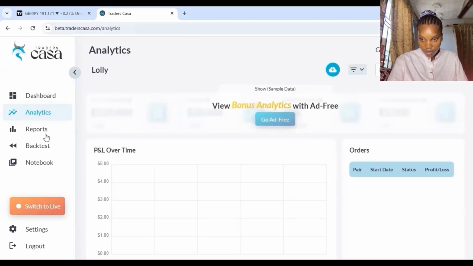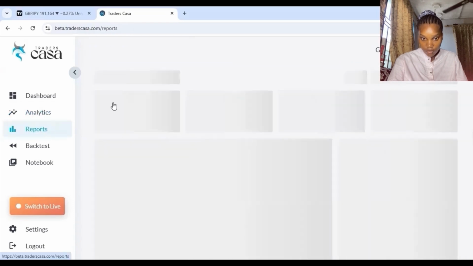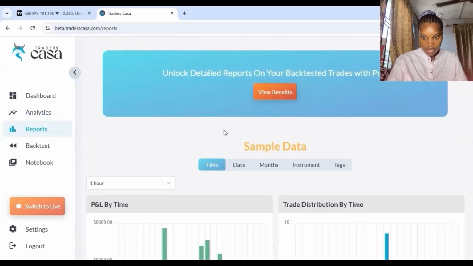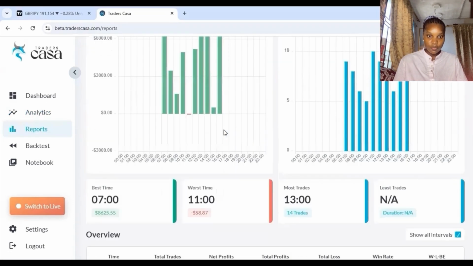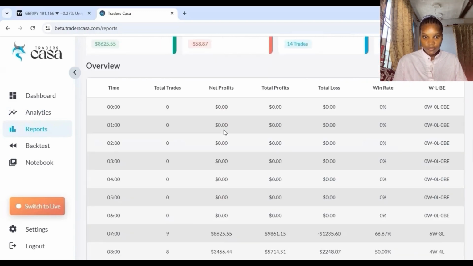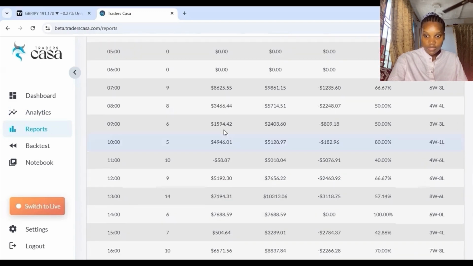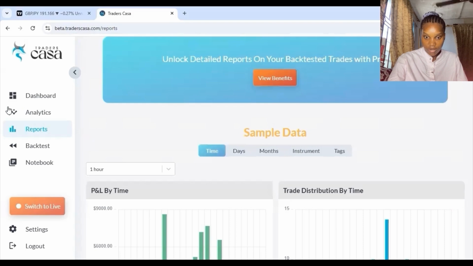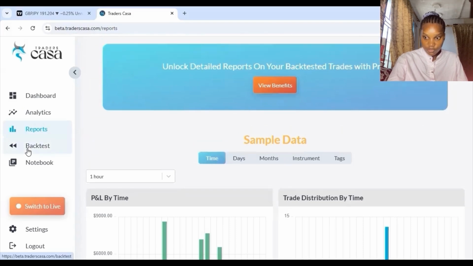Then you have the report, where you see how far you've been trading, whether you've been making profits or losses. That's where you get to see your analysis.